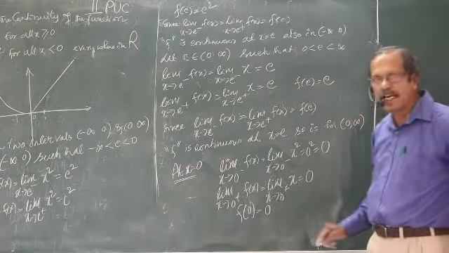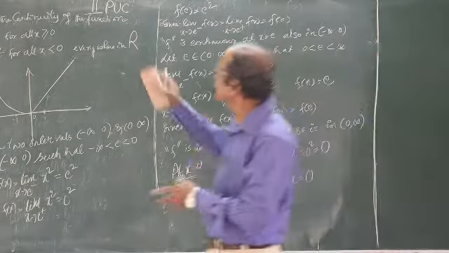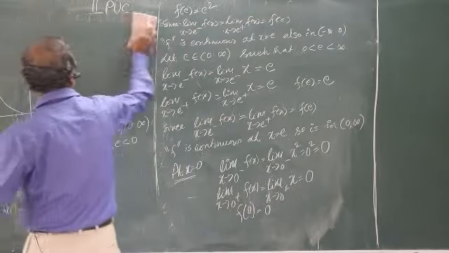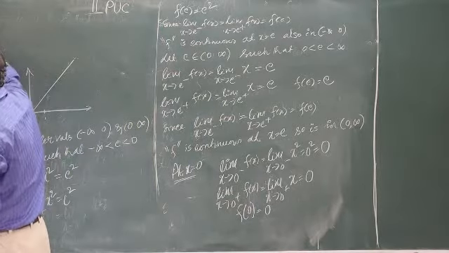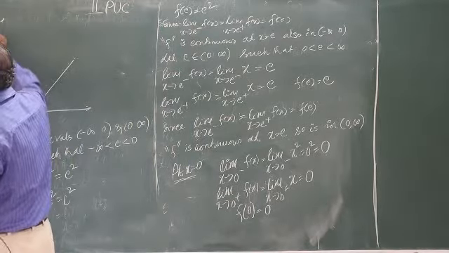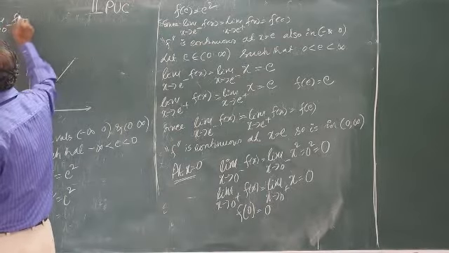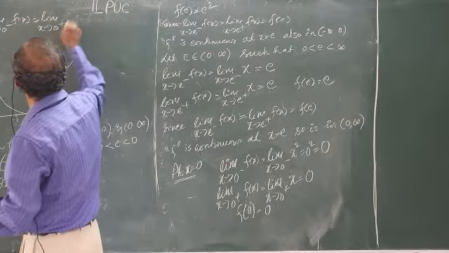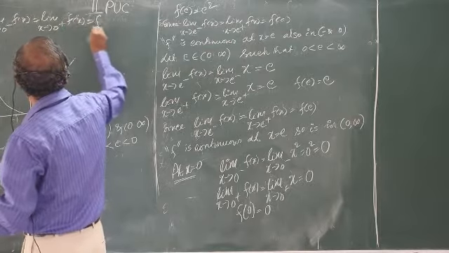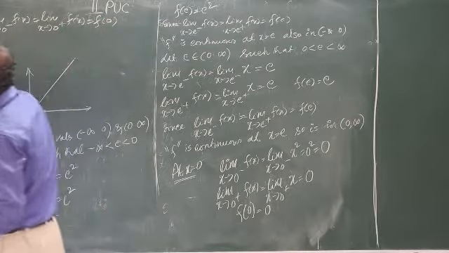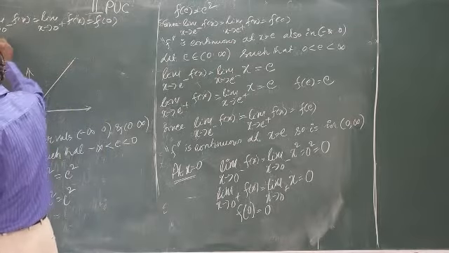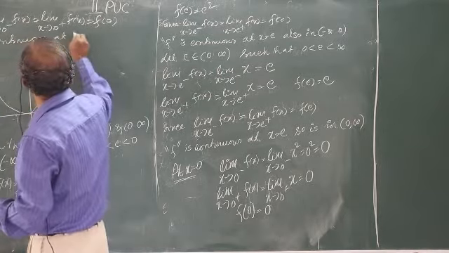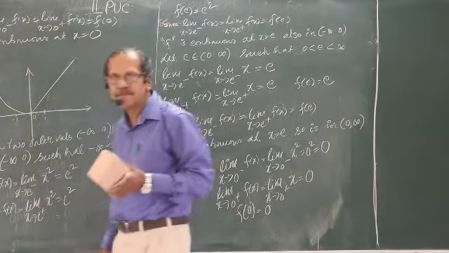Since all the three quantities are equal, limit x tending to 0 minus f of x, limit x tending to 0 plus f of x equal f of 0, f is continuous at x equal to 0.